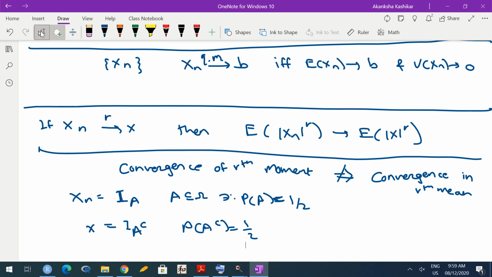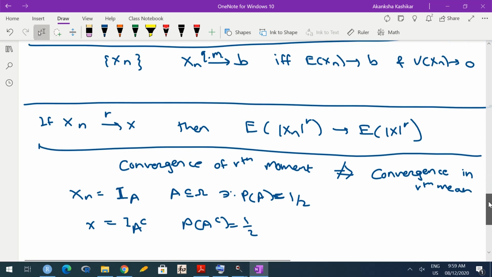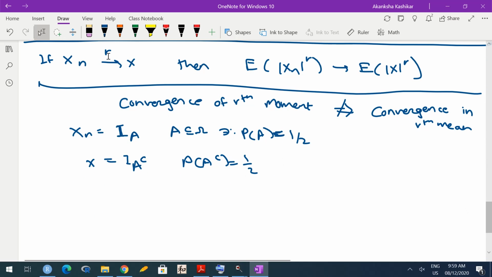Now let us try to compute the expectations. So the expectation of mod X raised to r would be what? X takes only two possible values, 0 and 1, 0 with probability half and 1 with probability half.